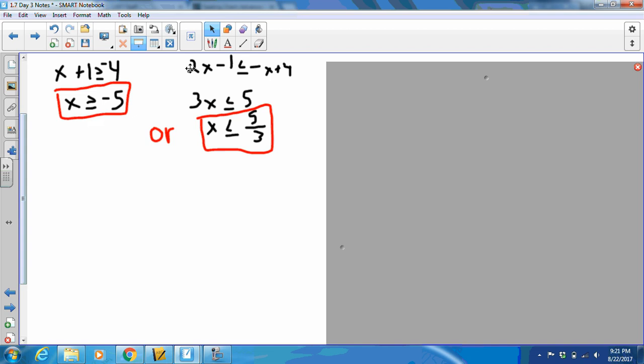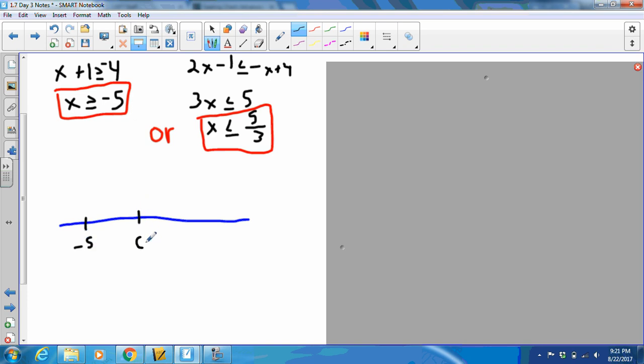Now, going with that, we have to create our number line. So we have negative 5 on one side, 0 in the middle, and then 5/3 on the other side. Now, remember, try to do your inequalities on top of the number line first, and then decide what my answer is, and I'll put it on the number line.